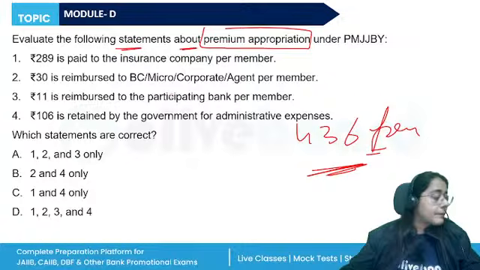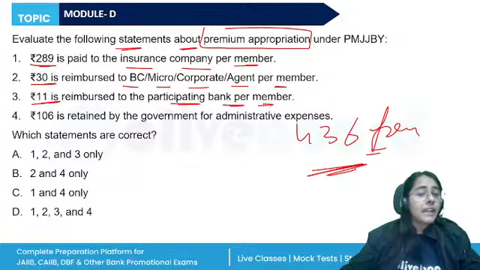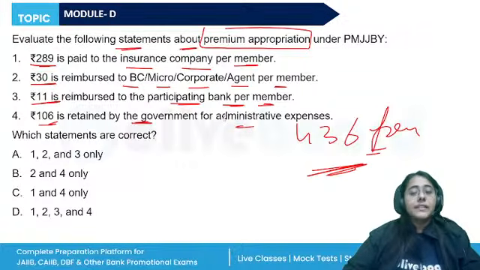How is it distributed? 239 rupees is paid to the insurance company per member. 30 rupees is reimbursed to the business correspondent micro corporate agent per member. 11 rupees is reimbursed to the participating bank per member. 106 rupees is retained by the government for administrative purposes. Which statements are correct? 1, 2, and 3, 2 and 4, 1 and 4, or 1, 2, 3, and 4? All of the above.